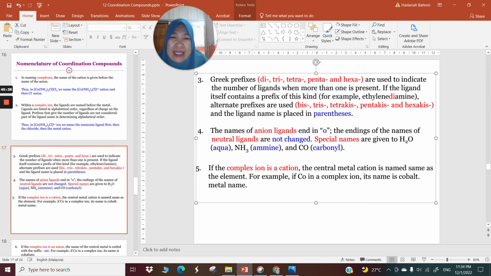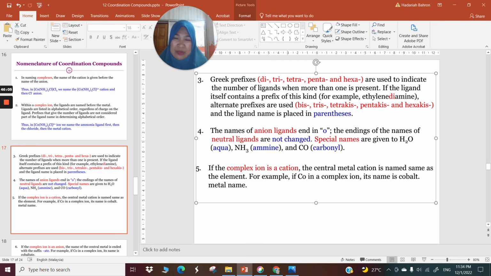Next, the names of anion ligands, for example, Cl minus, Br minus, will always end with O. So you don't say chloride, you say chloro. You don't say bromide, you say bromo. You don't say iodide, but you say iodo. Cyanide, you say cyano. It always ends with O. The ending of names of the neutral ligands do not change. For example, ammine for ammonia.